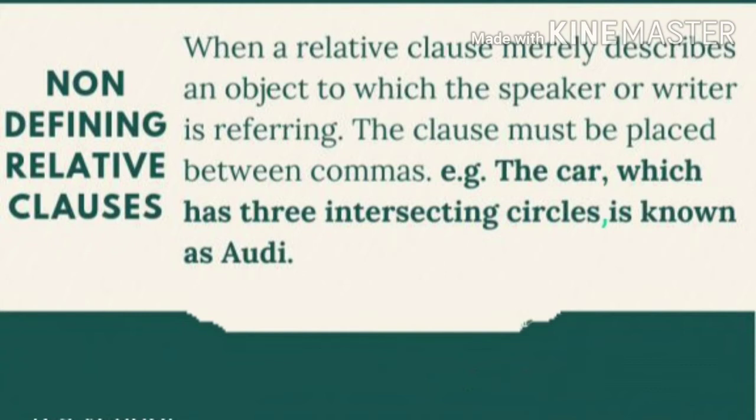So here the basic sentence is the car is known as Audi. The relative clause which has three intersecting circles is just giving some more information about the Audi car. So it is a non-defining relative clause.